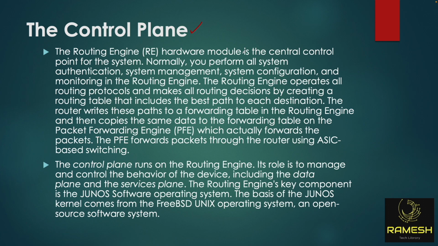The routing engine is a hardware module, a central control point for the system. It's the heart of the system. Whatever we have discussed, I have mentioned here, please read about it. As I said, it's FreeBSD Unix operating system, Unix or Linux.